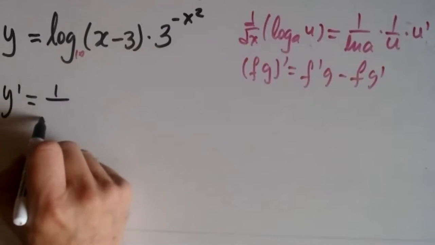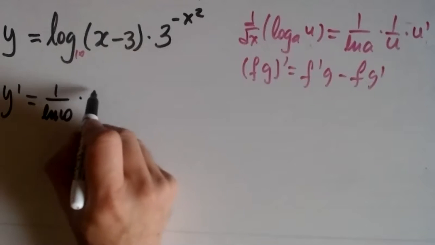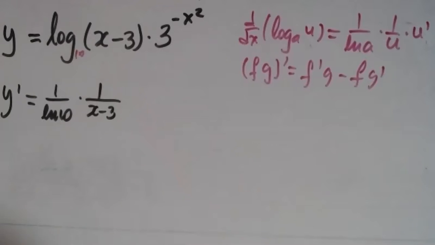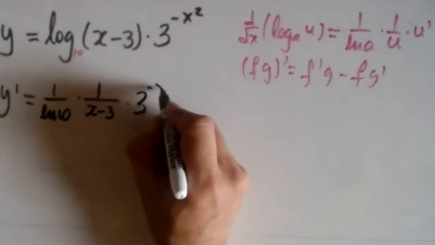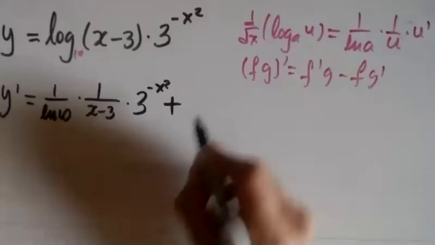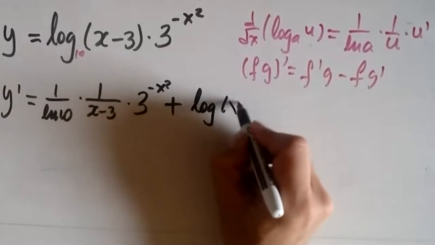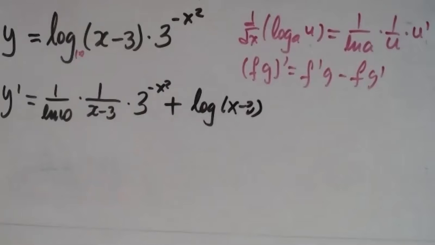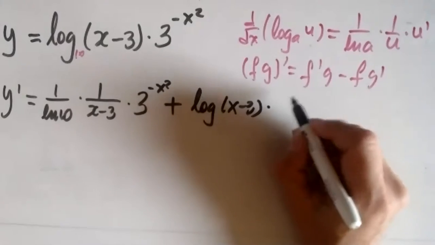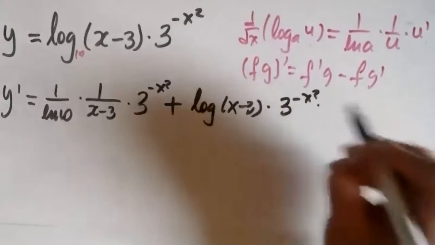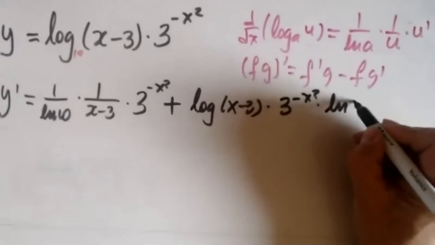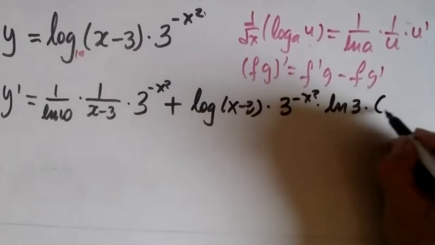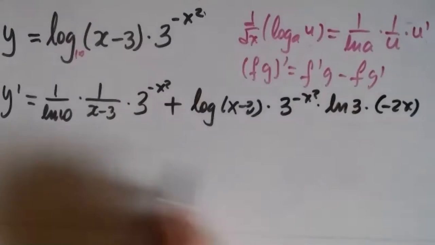So it's 1 over ln 10 times 1 over x minus 3 times 1, times the second function, plus log of x minus 3. And then I have to remember the derivative of this exponential as well is the exponential again, times the natural log of the base, times the derivative of the exponent, negative 2x.